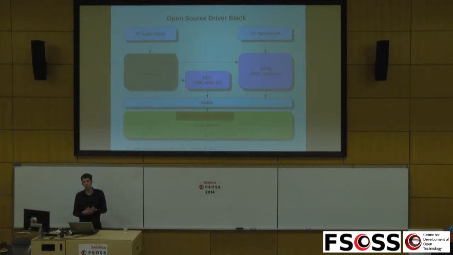So maybe I'm using the wrong word. My understanding, Tom, is that for X they have a regular X window, a 2D window, right? Yeah. The window managers do a redirect, so that surface is available as a 3D surface, and the compositing is done with 3D. Yeah, you might be right about that.